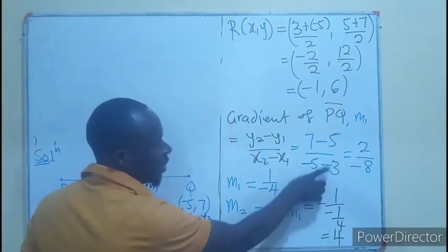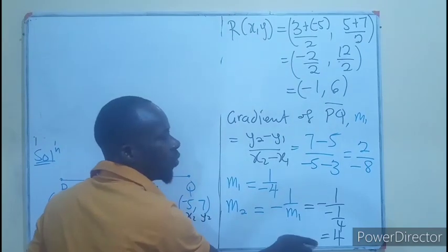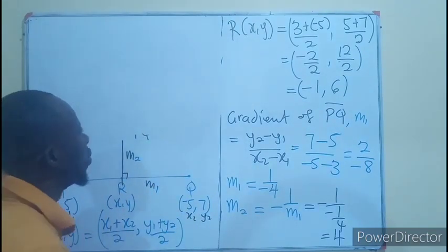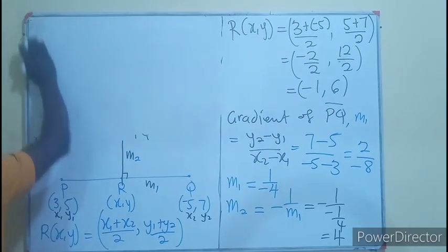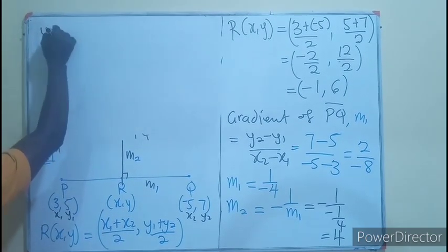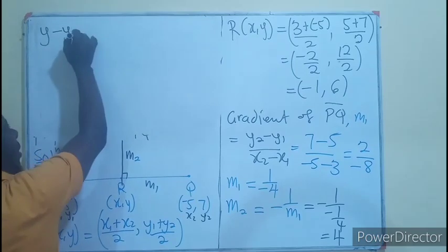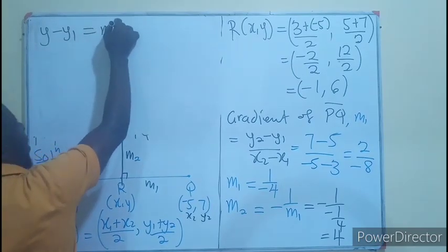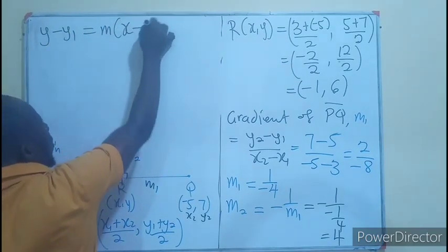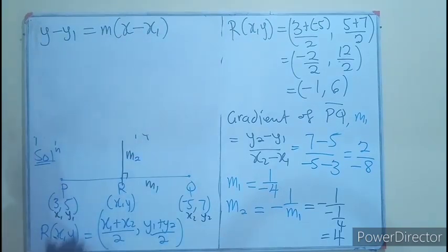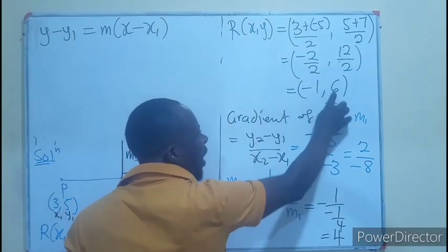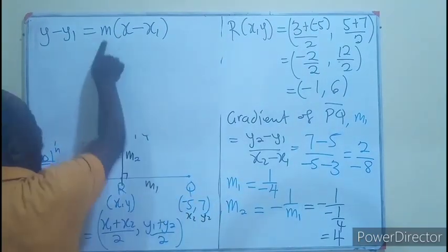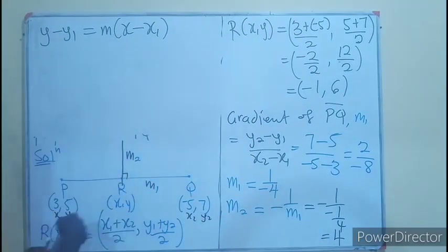Since we know these two things now, we can easily find the equation, which we know is in the standard form y minus y1 equals gradient times x minus x1, where y1, x1 is the point through which the line is passing and m is the gradient. Let me do the substitution.